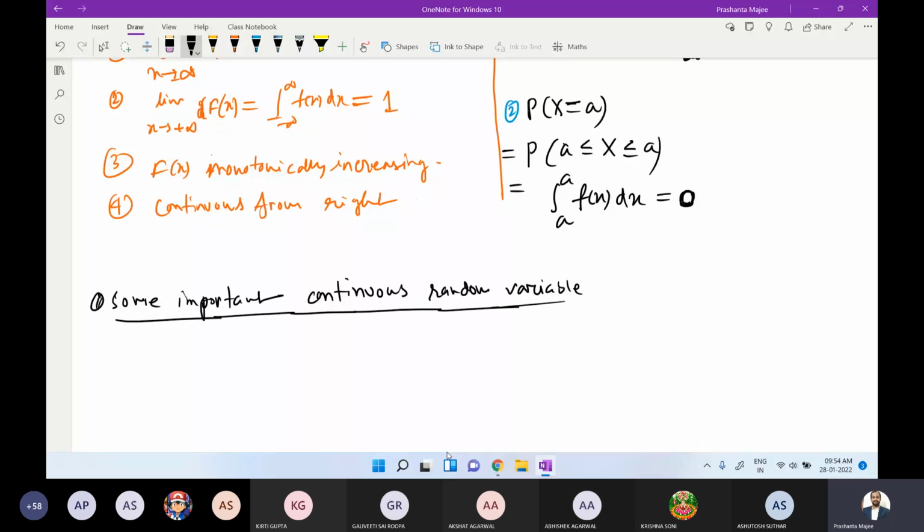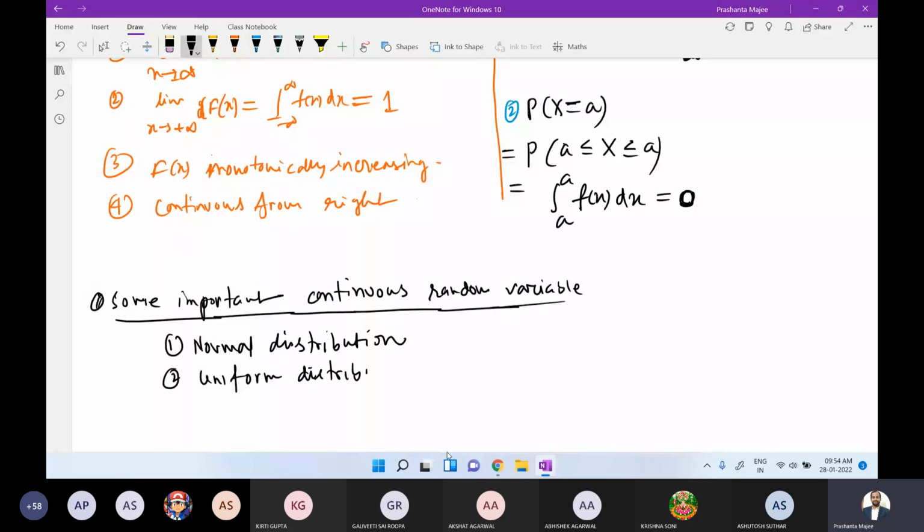Anyway, we are going to consider the normal distribution, or bell curve, or sigma curve, and then the uniform distribution.